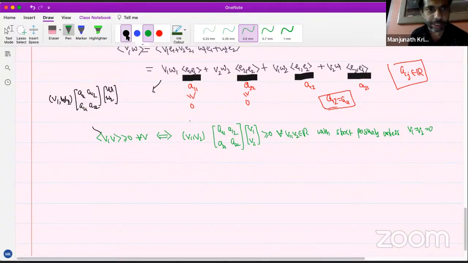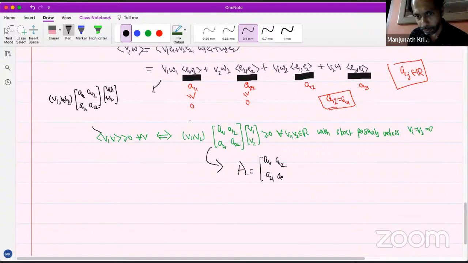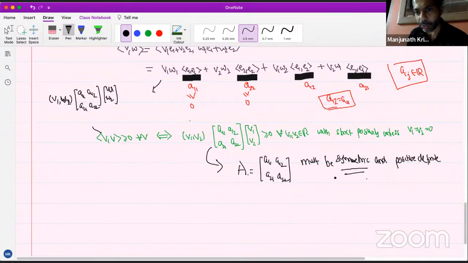So you see, this is this matrix. It leads us to a nice concept of considerable importance actually. So this matrix A must be symmetric and positive definite. Symmetric is the condition that A12 is A21.